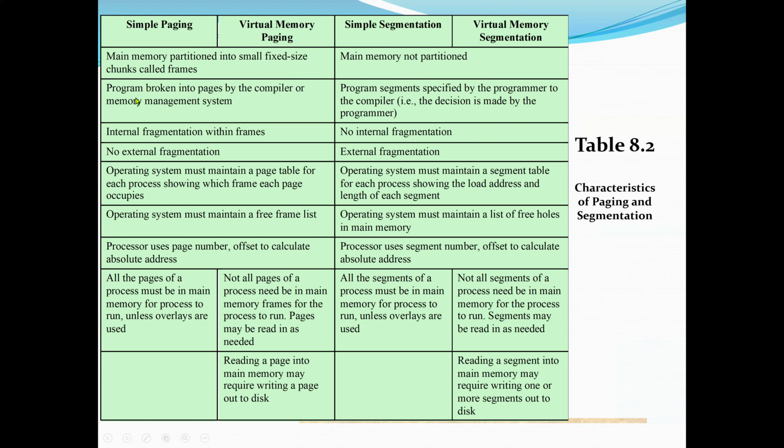Now the program is broken into pages by the compiler or memory management system in terms of simple paging. But in terms of segmentation, the program segments are specified by the programmer to the compiler. And this means the decision is made by the programmer.